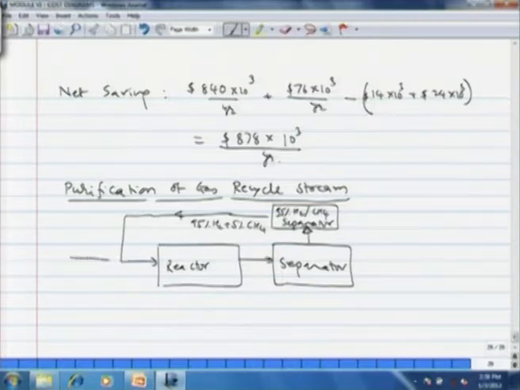But remember, the recycled gas contains entire unreacted hydrogen. Okay, that point remember very thoroughly.